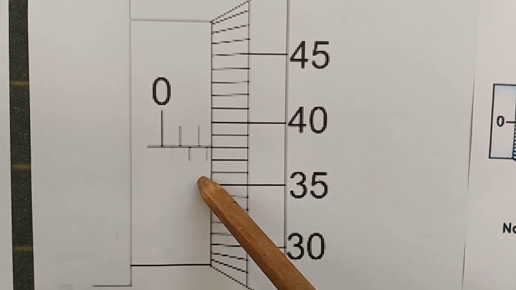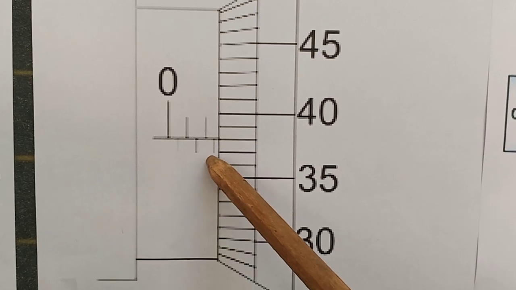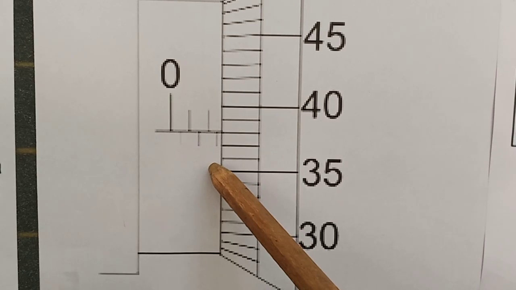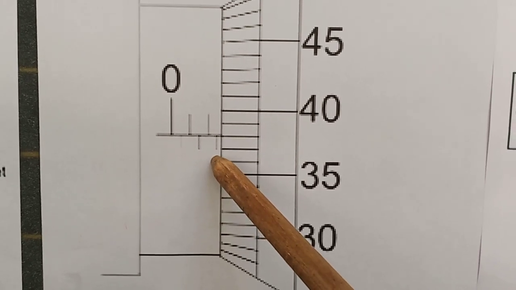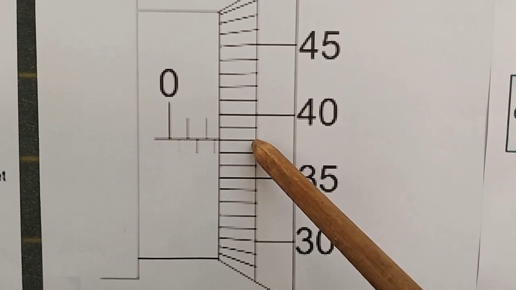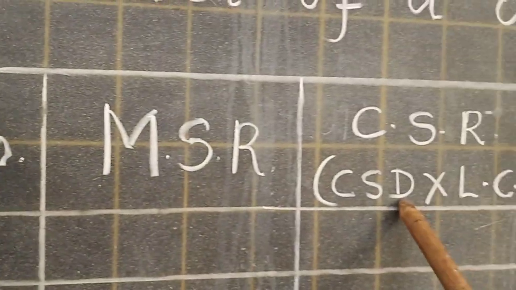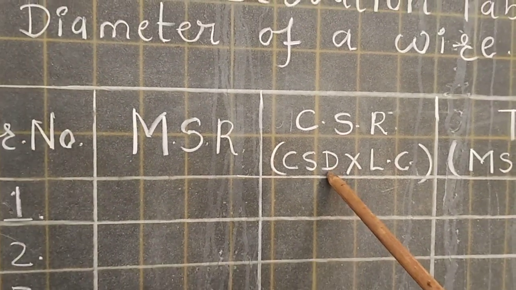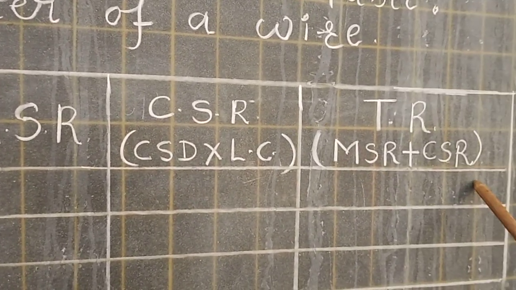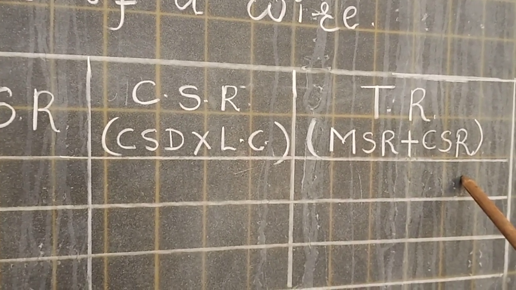But again you can see the downward lines, which provide the points, meaning 2.5 mm is clearly visible to us as the main scale reading. And I have told you 38 is the circular scale division. So you are going to multiply your circular scale division with the least count, as we have seen in this observation table, and then you get your circular scale reading. You add it to the main scale reading, and you will be able to get your total reading.